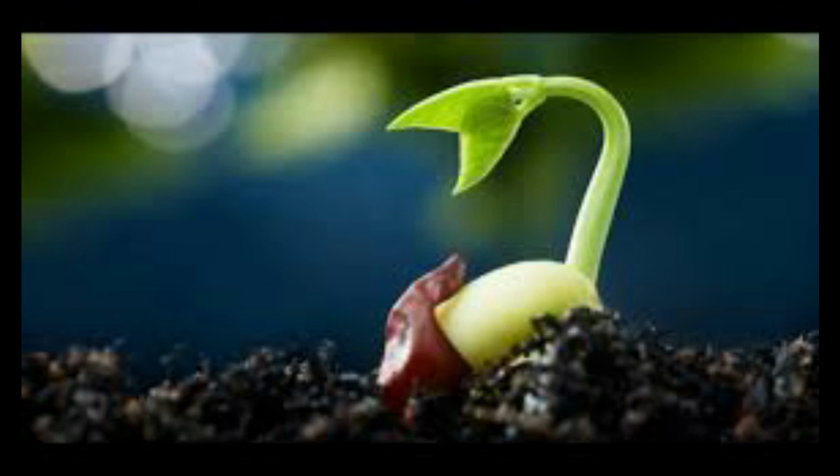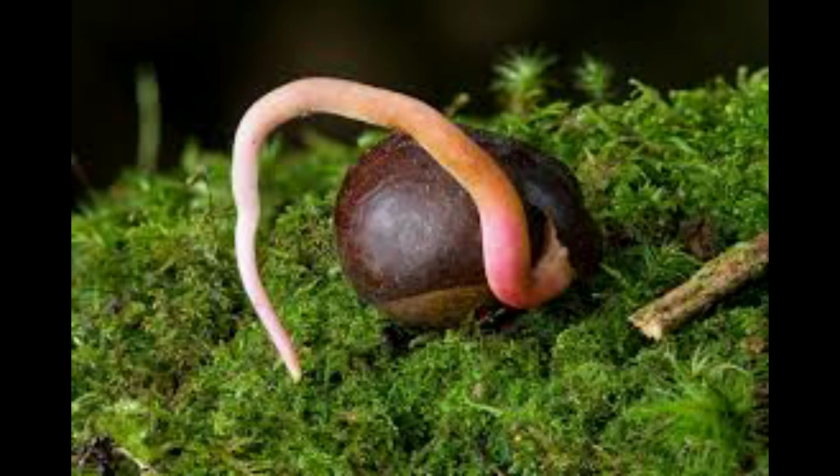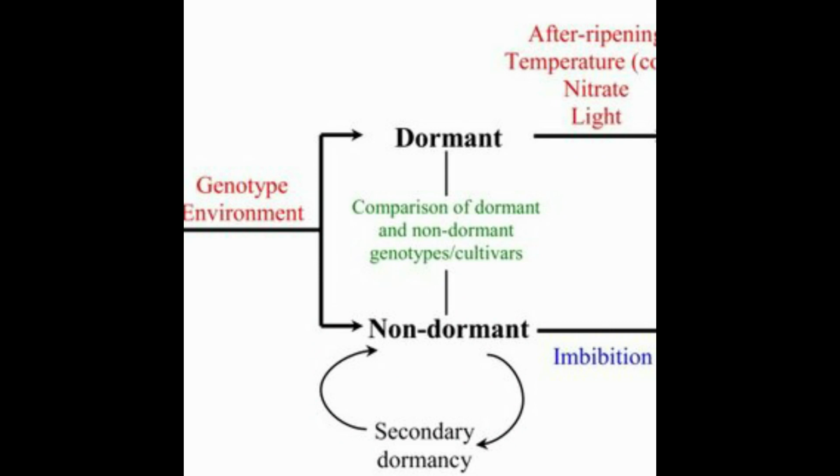Once we provide them conditions which help them to break the dormancy, like a little amount of heat and a little bit of moisture, these are the conditions required to break the dormancy so that the growth hormones can be secreted by the cells and the growth of the plant seedling will take place from the seed.